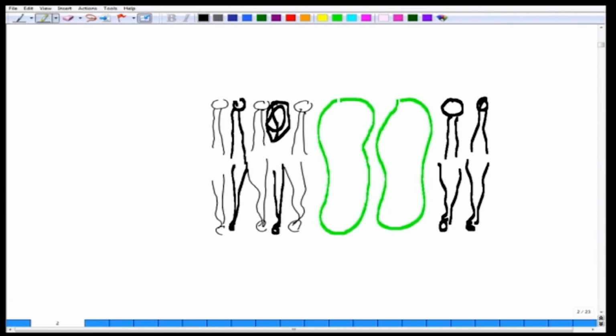So, essentially this barrier indicates outside the cell, and this is inside the cell.